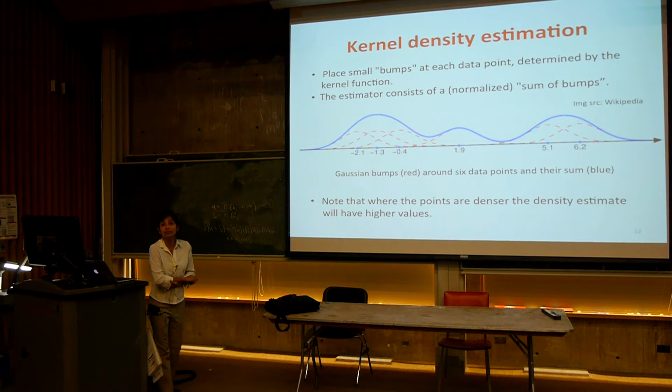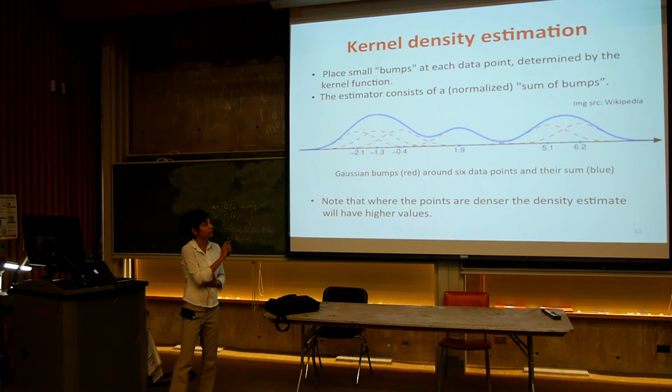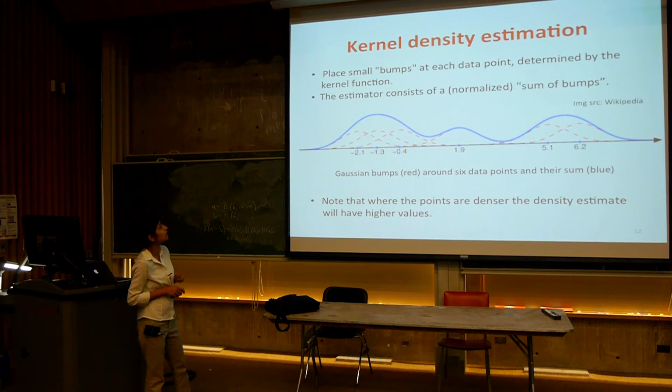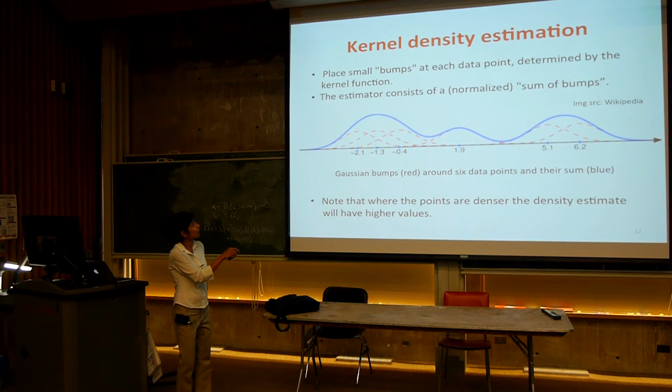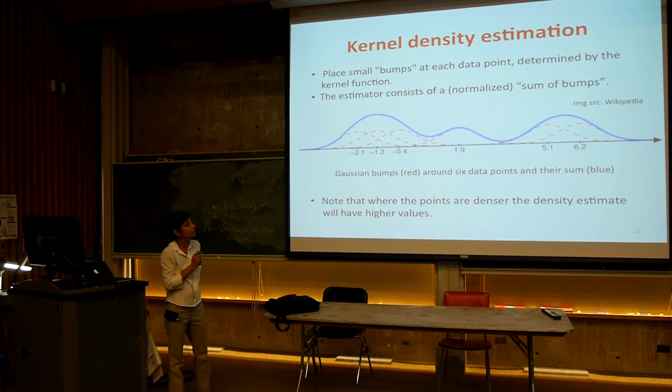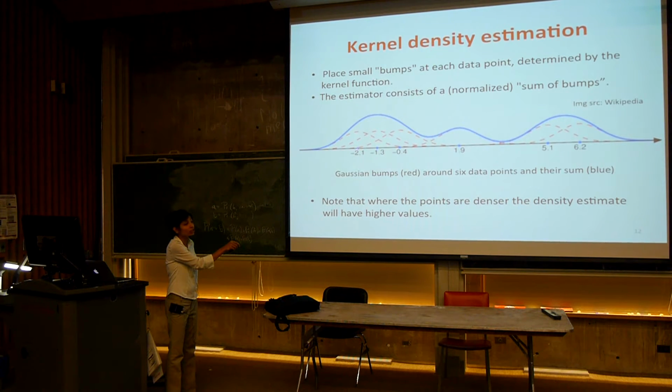So here's another very nice intuitive way to think of kernel density estimation. It's as follows: you imagine that here are your points, right? These are your training points. And you have to come up with the density estimate at any other point x, here, here, wherever you can place it along this line. So one way to get at that is you place your kernel centered at each of your training points.